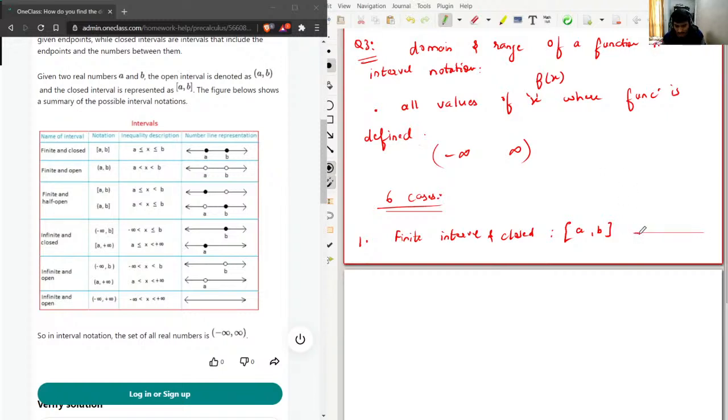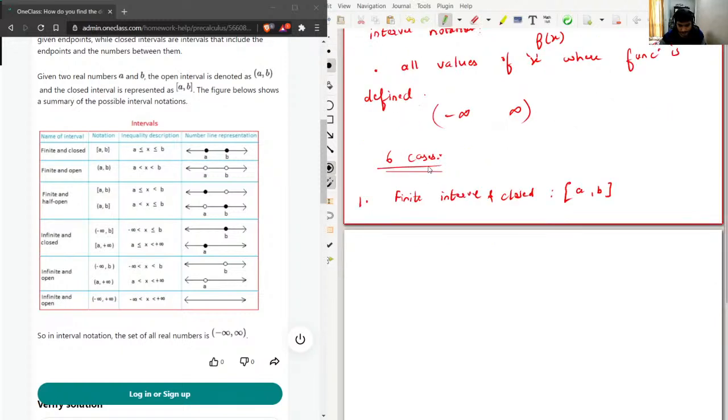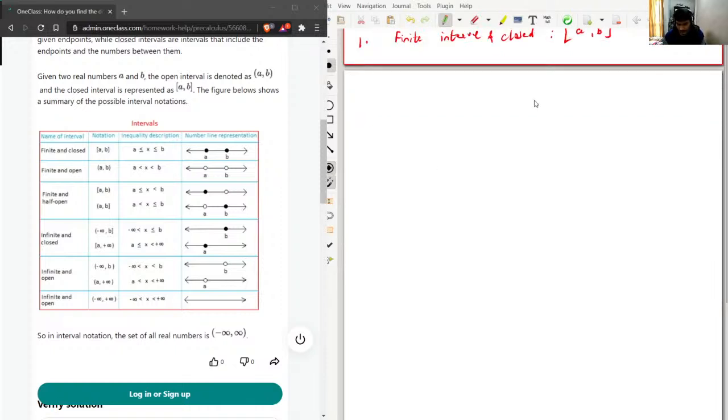So let's say this is the number line. Let's say this is the value a, this one is b, this will go to negative infinity, this will go to positive infinity, and I will use a different color, blue color.